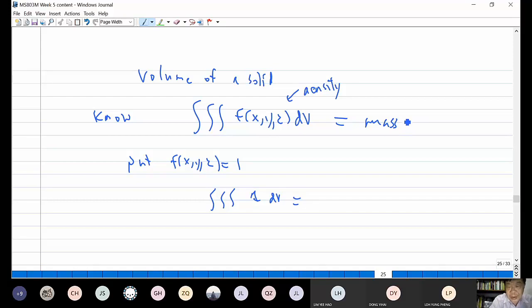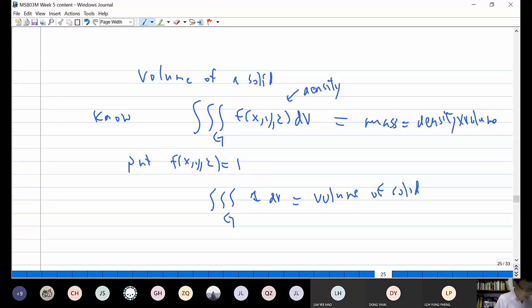Because how to find the mass? Because density times volume, right? So this becomes the volume of the solid now. So we just integrate 1 over the region G. Okay, integrate 1 over the region G, and you'll get the volume of the solid.